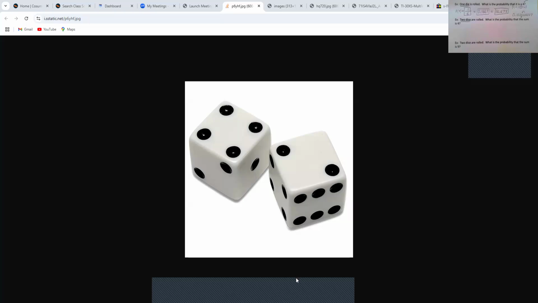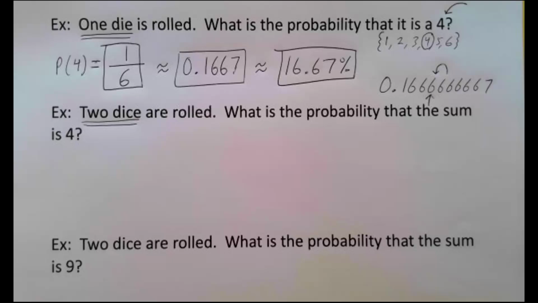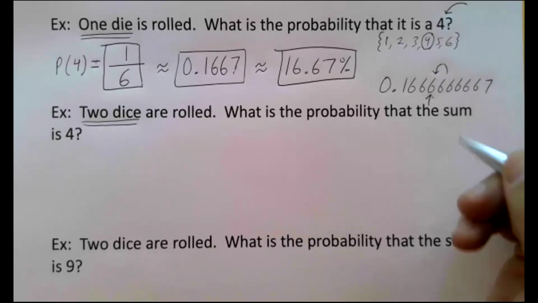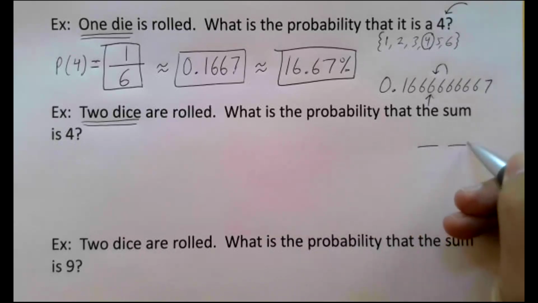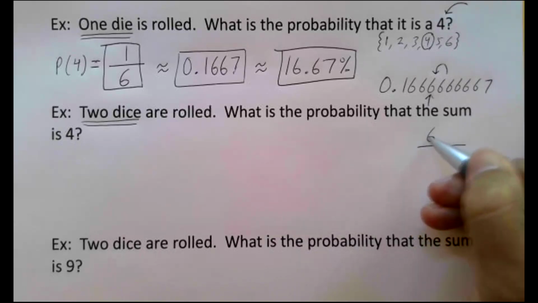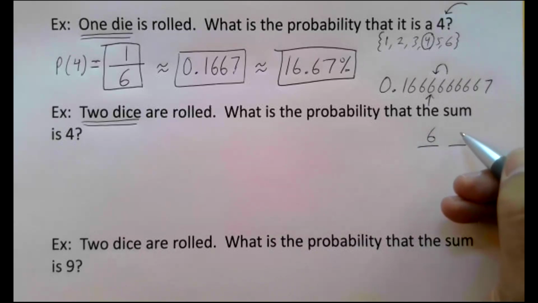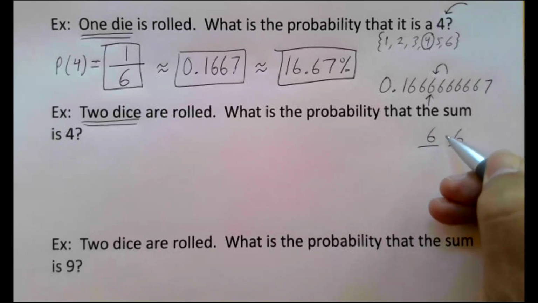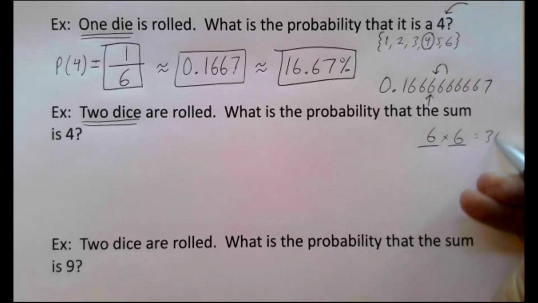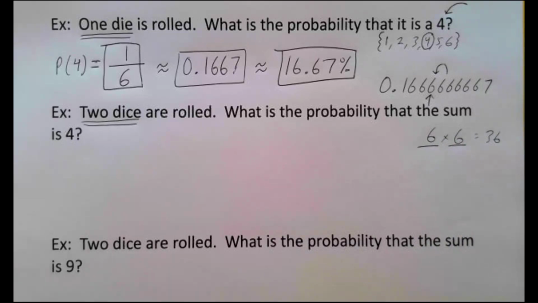I think we mentioned this recently in a different lecture, but there are 36 outcomes, and that is because first one of the die is going to land on any of those 6 things, and then the other die is also going to land on any of those 6 things. So there are 36 possible things that could happen when you roll 2 dice.